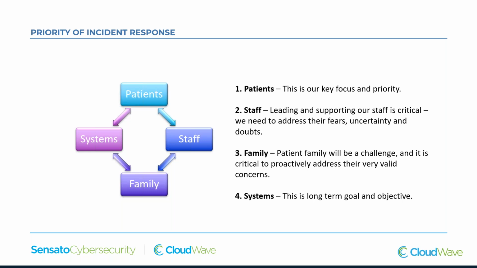Lastly, once we get through the first three items, then we want to try and identify what changes need to be made in our systems, what fixes need to be employed, what repairs need to be effected to get this thing back online. If we don't have the patients, if we don't have the staff and the family is not comfortable, then the systems are irrelevant. We won't need them. So essentially, that's going to be the end of our business. And that's not what anyone wants to do.